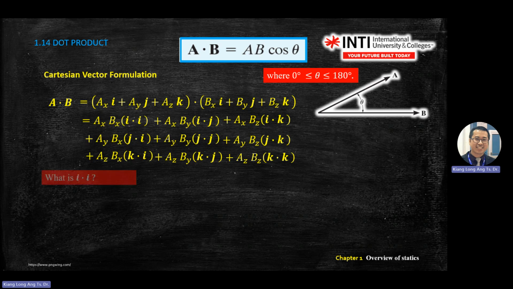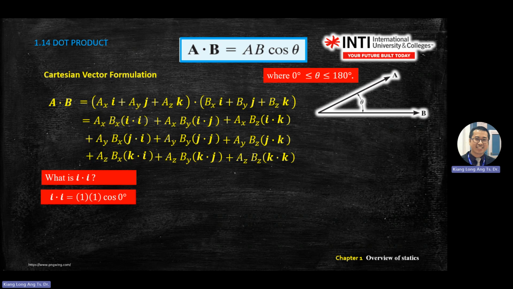Here, because it's dot, i dot i is equal to the formula A dot B equals AB cos theta. The bold one is a vector. Vector dot vector equals a scalar, no direction. So i is what?